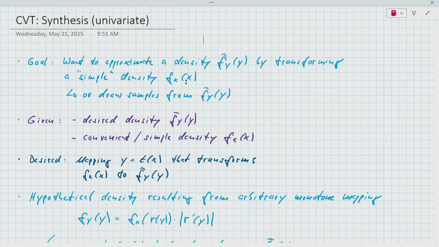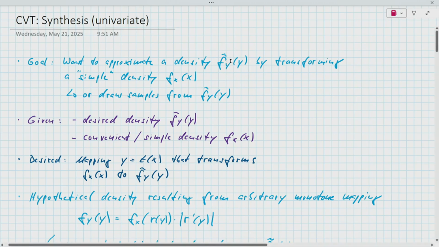Now we consider the reverse problem. We are given an output density, let's call this target. This is the one that we want to achieve. And we are given a simple density, let's call that source density, and we want to map samples from here to here.